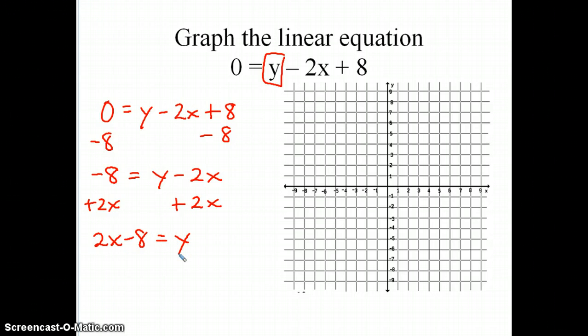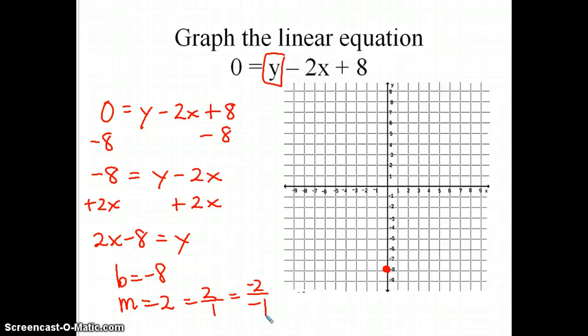Now I have my y-intercept and my slope. My y-intercept is at negative 8. I'll come over here to the y-axis, put my y-intercept down at negative 8. My slope is 2, which can be rewritten as 2 over 1 or negative 2 over negative 1.